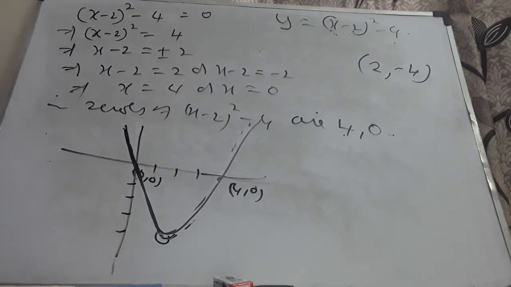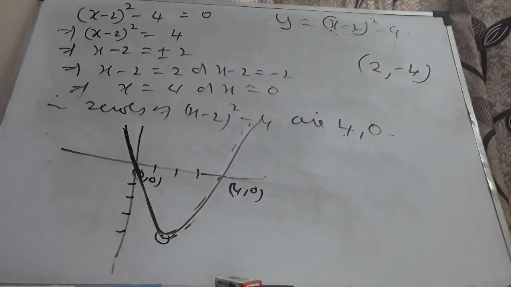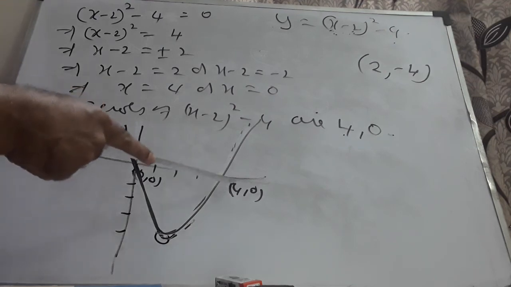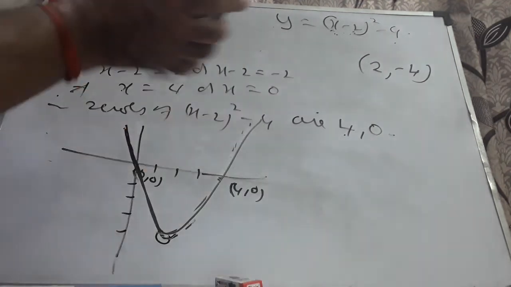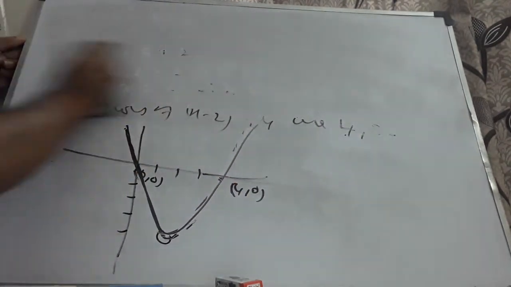Since it's going to be almost 20 minutes, I'll continue the rest. Let me conclude this. If it intersects the x-axis at 2 points, the x coordinates of those 2 points are the corresponding zeros of the polynomial, as we have seen.